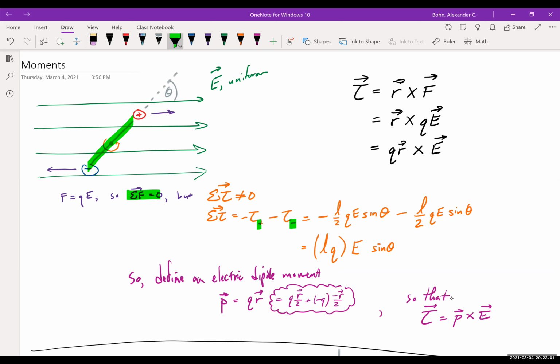And they both tend to rotate this object clockwise. In our convention, that's negative.